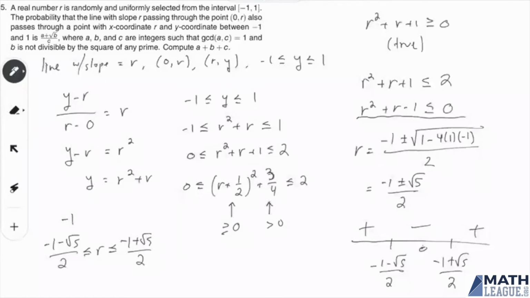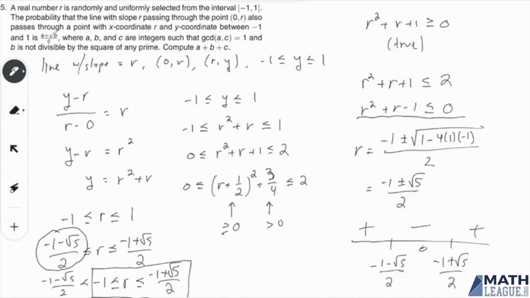But we're given in the original premise that r needs to be between -1 and 1. If you plug this into a calculator or do a quick approximation, since the square root of 5 is greater than the square root of 4, this is actually less than -1. So this is actually our desired inequality.